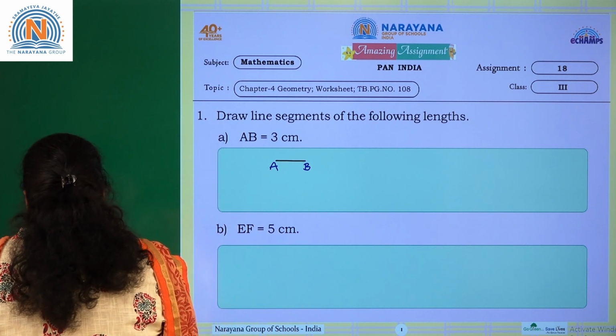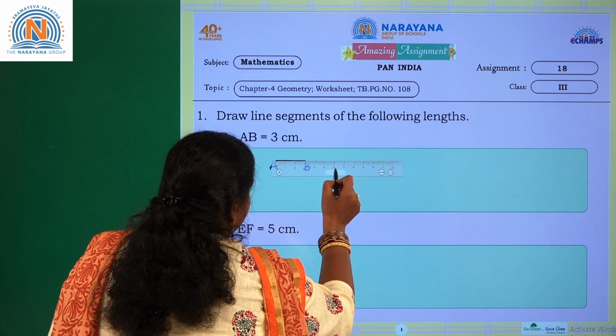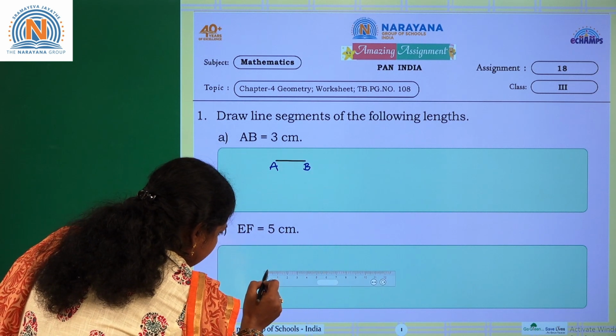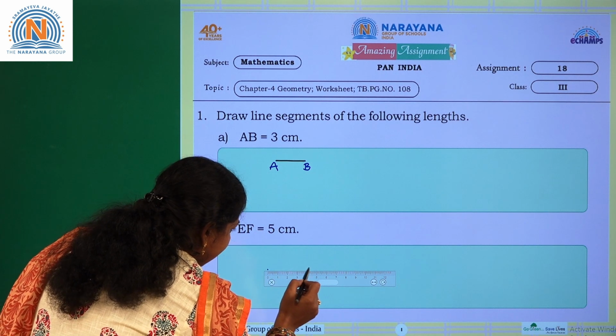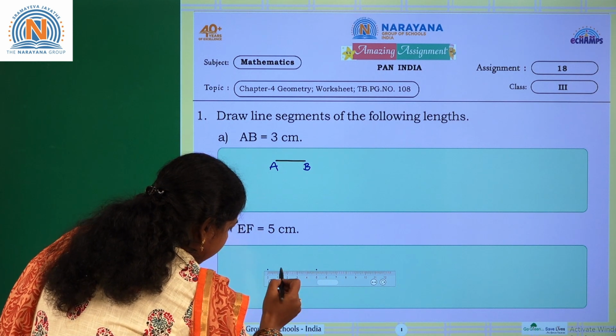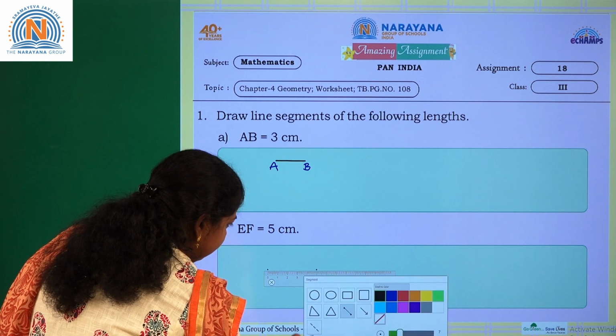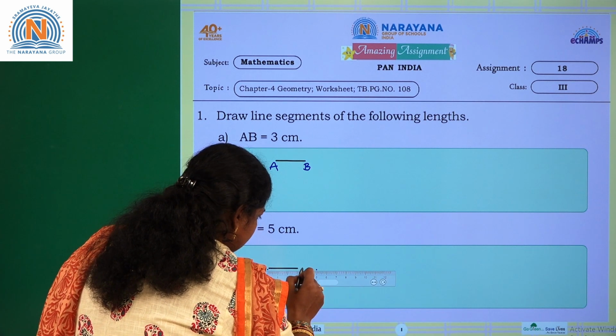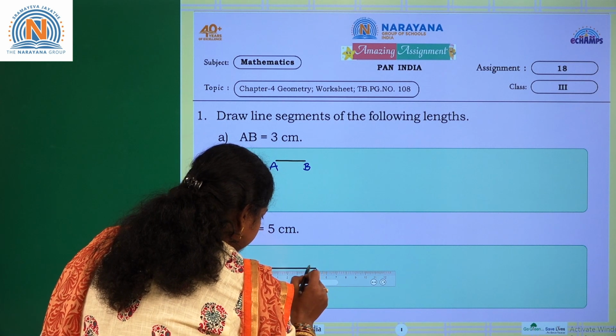So again consider the ruler. Take initial point, that is E, and F, 5 centimeters. Okay, and now draw a line by joining those 2 points.